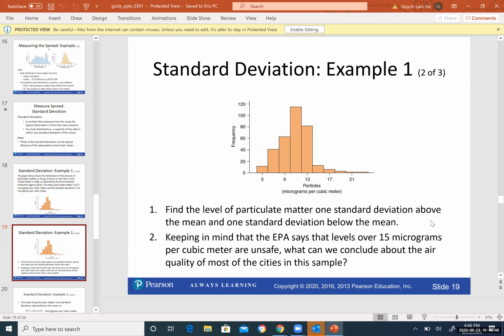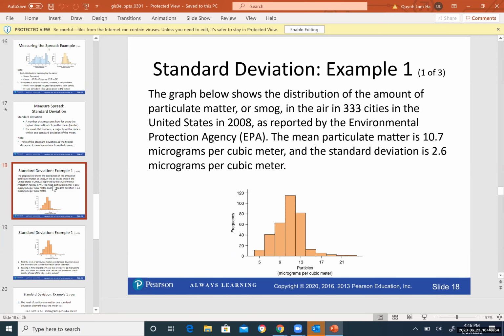Those two data you have to pick out from the original story. Let's scan over this. They say right here the mean particulate matter is about 10.7 micrograms per cubic meter, and the standard deviation they gave us is 2.6 micrograms per cubic meter.